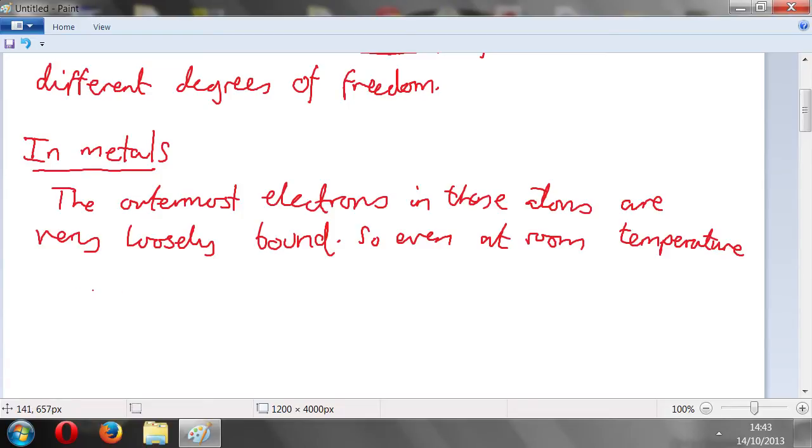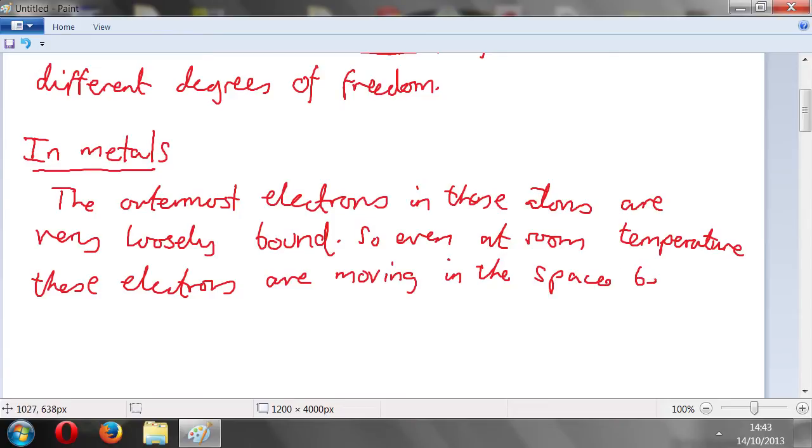Even at room temperature, these electrons are moving in the space between the atoms in the material. So they can move in their own atom, and also in the space between the atoms.